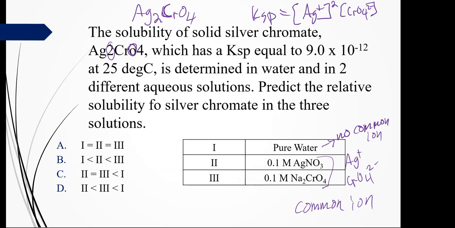If we think about it, the fact that it's being squared means that not as much material is going to be able to dissolve of this CrO4.